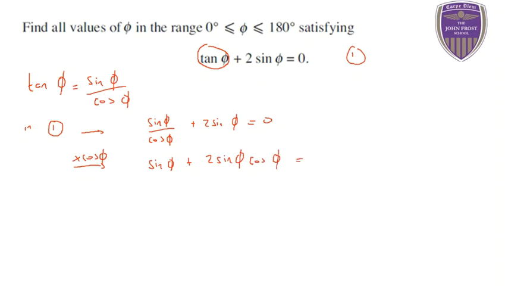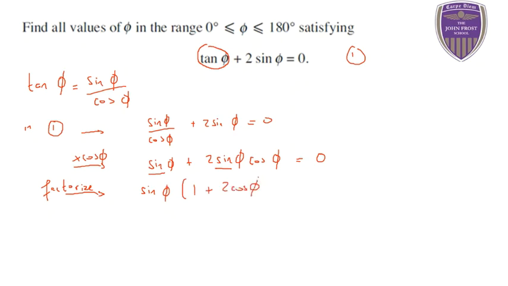Luckily, 0 times cos phi is still 0. And what you can do here, there's a sine phi in every term, so you can factorize out the sine phi. You're going to get sine phi brackets 1 plus 2 cos phi.